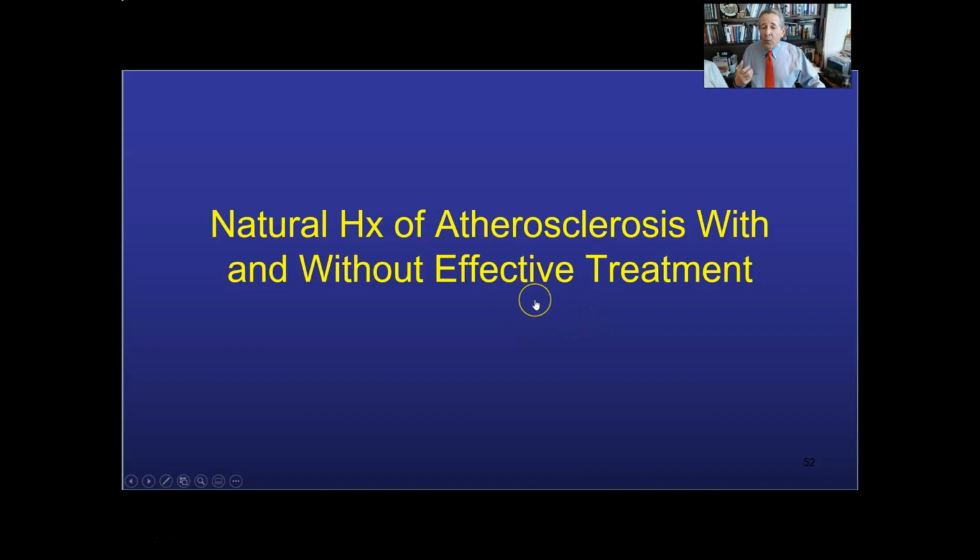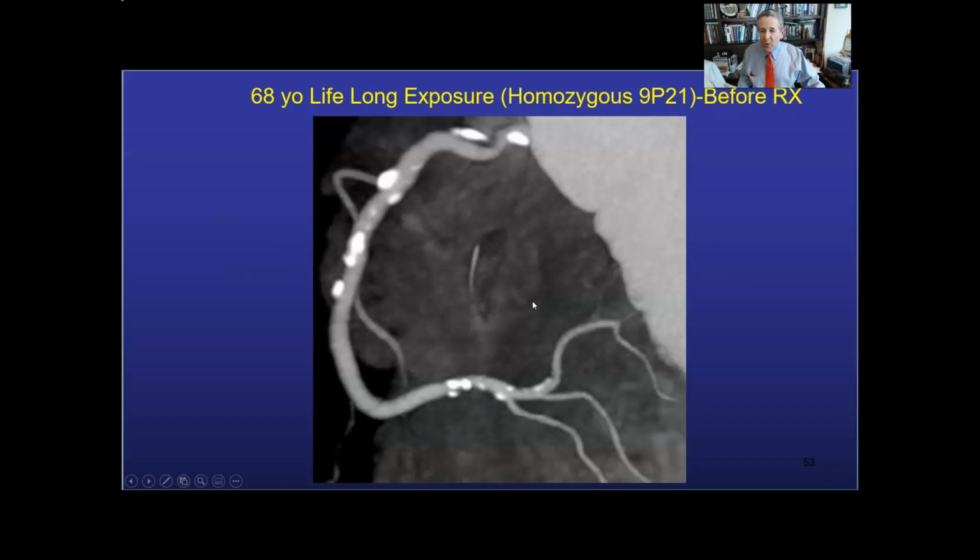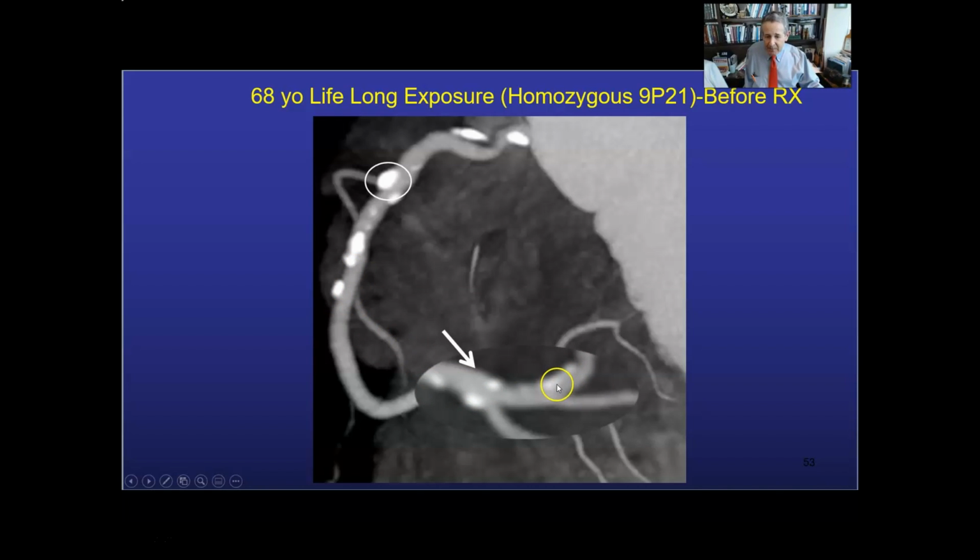Now, what about when we treat? Do we interrupt? This is a patient who had long lifetime exposure of dyslipidemia and homozygous for 9p21. Long exposure. This is before any treatment. So a lot of old plaques. But as you go down the vessel, also smaller, younger plaques.